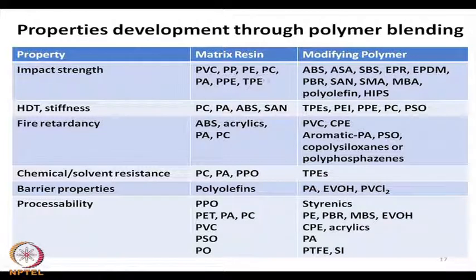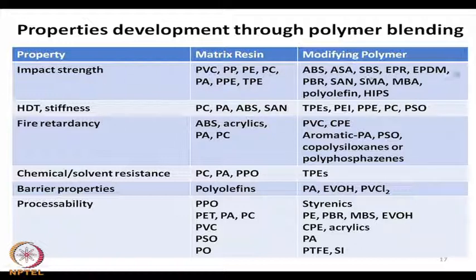So, if we take this table as a guideline, PVC, PP, PE, PC, polyamide, polyphenylene ether or thermoplastic elastomers, all these can be used for making a polymer blend having higher impact strength.